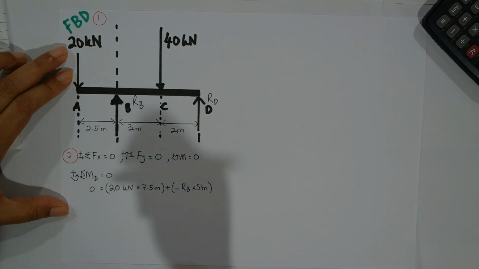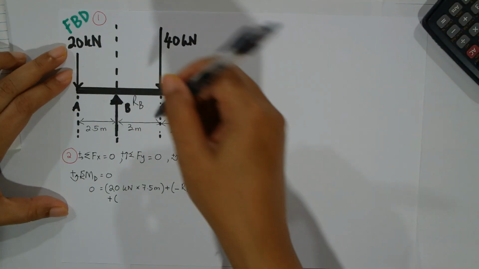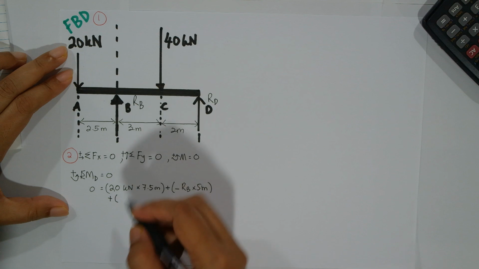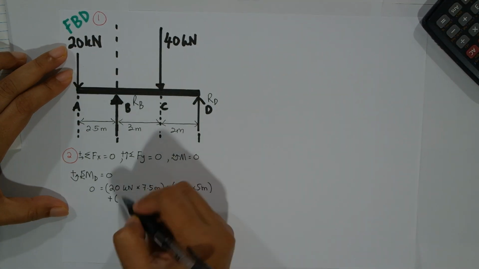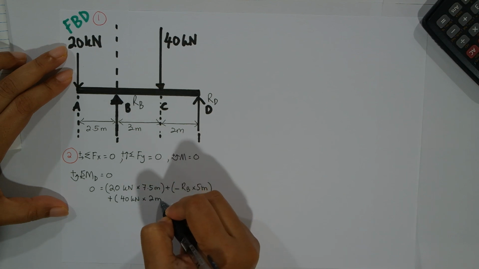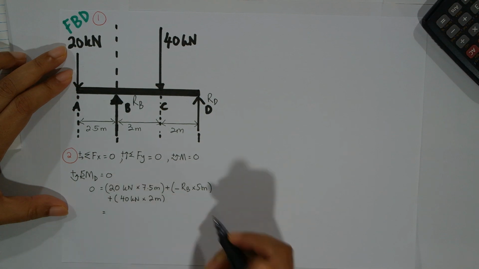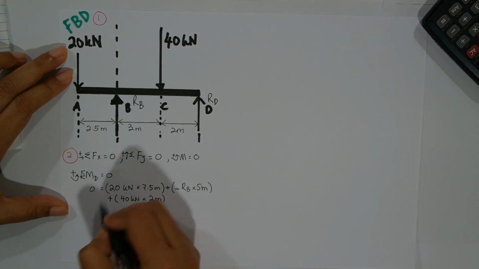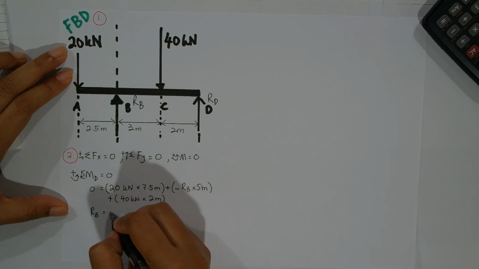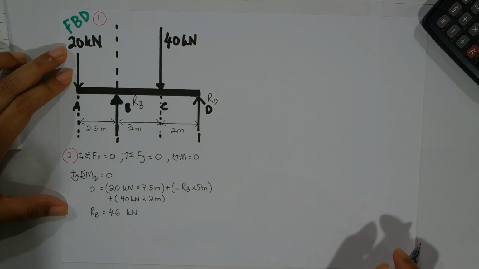Plus we have another force here, the 40 kilonewton, which is counterclockwise, so positive: 40 kilonewton times 2 meter. By doing the calculation, you will get RB equal to 46 kilonewton.